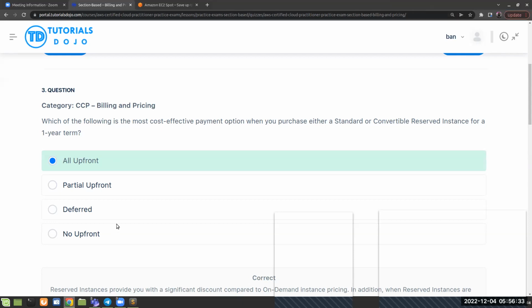If you will not pay any amount upfront, you just use it for 1 year and pay as you go, so it's not upfront, AWS will still give you a discount, but it will not be as much as partial upfront and will not be as much as all upfront, right?